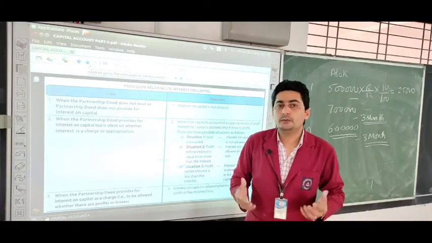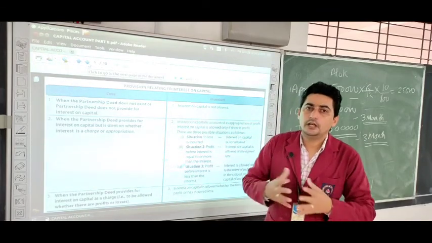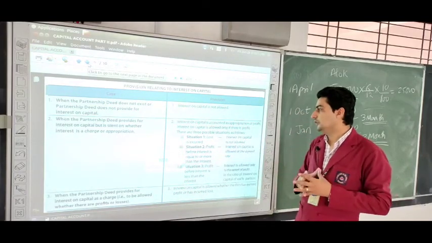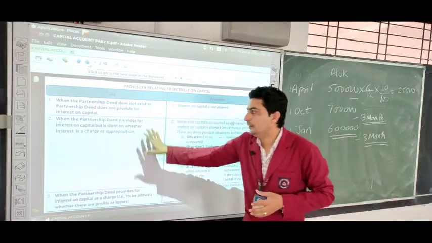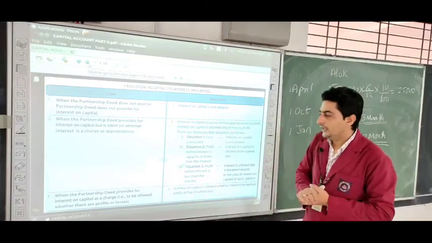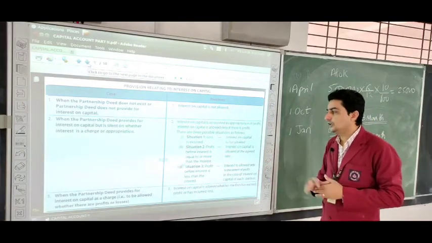And what is appropriation? Appropriation means if our firm is incurring loss, then we will not allow interest on capital. Because it is silent regarding whether it is a charge or appropriation, we will consider it an appropriation. So if loss is incurred, interest on capital is not allowed.